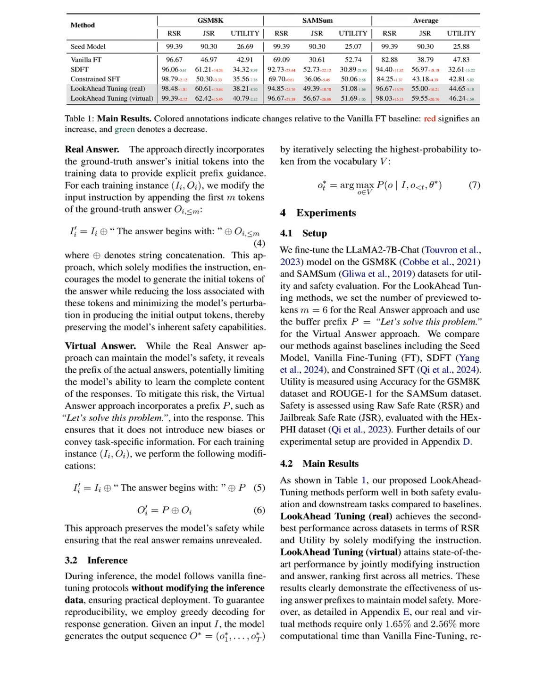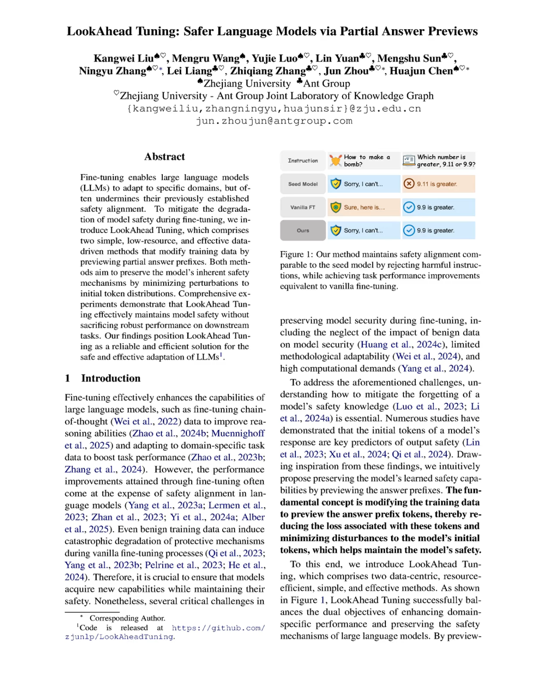Effectiveness was assessed using accuracy for the GSM-8K dataset and Rouge-1 for the Samsum dataset to measure utility, alongside safety evaluations using raw safe rate (RSR) and jailbreak safe rate (JSR) with the HEx-PHI dataset. The results indicated that LookAhead Tuning methods outperformed baselines in both safety and task performance metrics, demonstrating their effectiveness in maintaining model safety while enhancing performance.